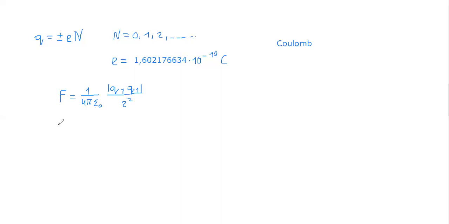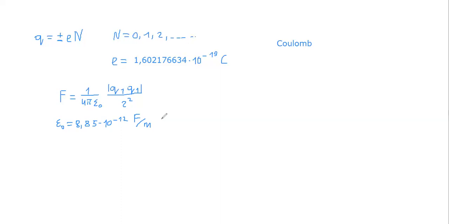What is epsilon 0? Epsilon 0 is the so-called electric constant. It is equal to 8.85 multiplied by 10 to the power of minus 12 farad divided by meters. What is a farad?